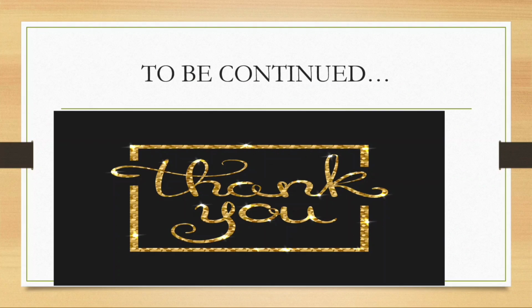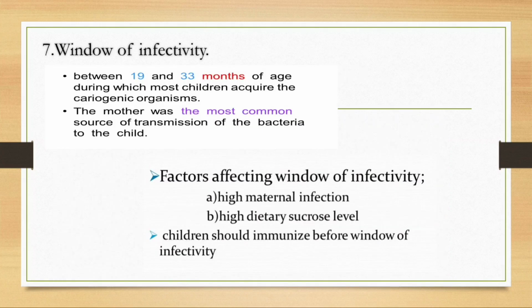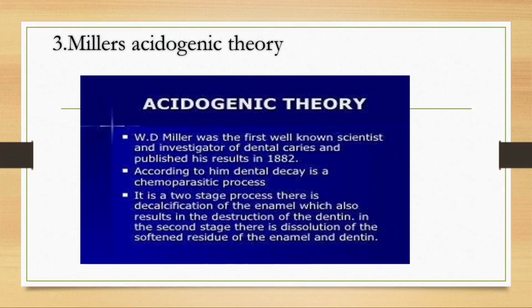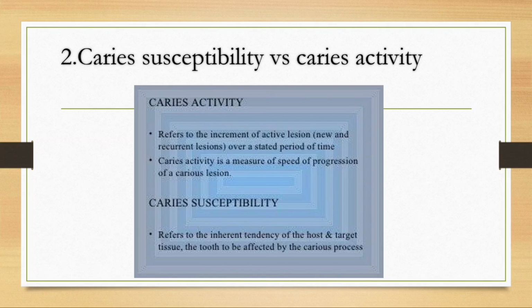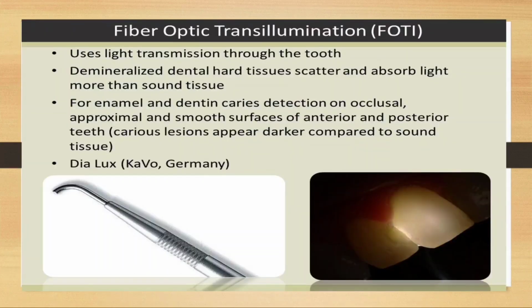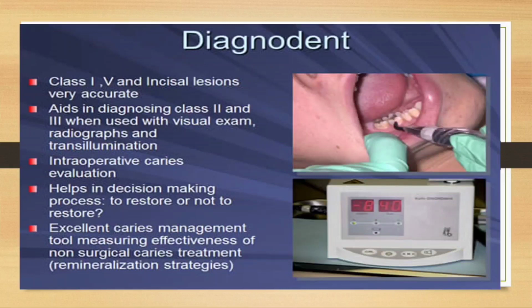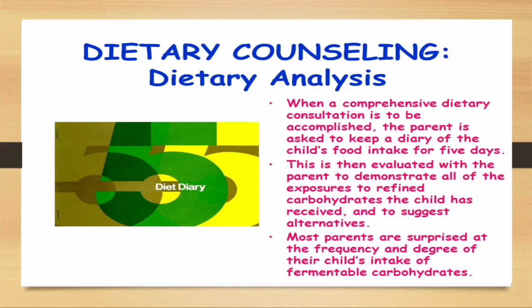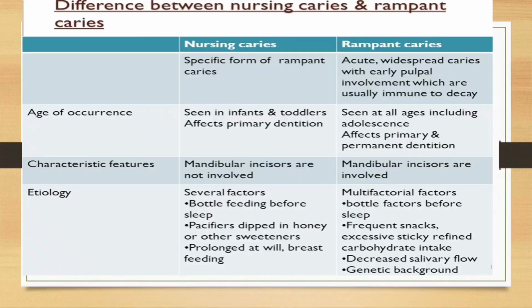Okay. So that was all about part 6. It was basically about cariology, early childhood caries, its clinical features, etiology, management, and we have many short notes like window of infectivity, sugar substitute, Snyder test, rampant caries, Miller's theory, caries activity and caries susceptibility, and anticipatory guidance, and the diagnostic aids like 4T, ECM, Diagnodent, dyes, radiograph, and clinical methods, and regarding dietary counseling and the difference between nursing caries and rampant caries.